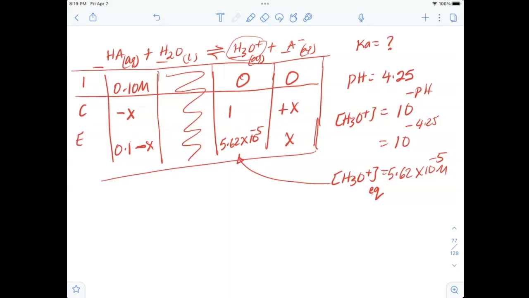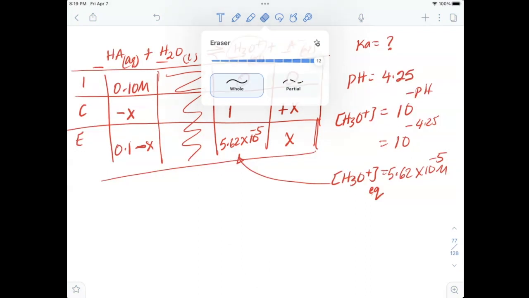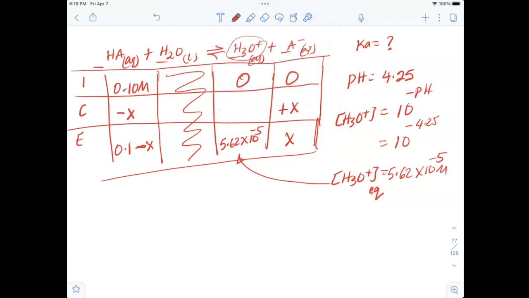We are following a pattern here, sort of. I'm trying to erase right now. This is a struggle. 5.62 times 10 to the power negative 5 for H3O plus, and the same for A minus, because we're adding this here.